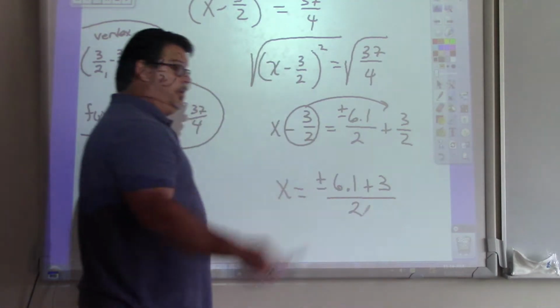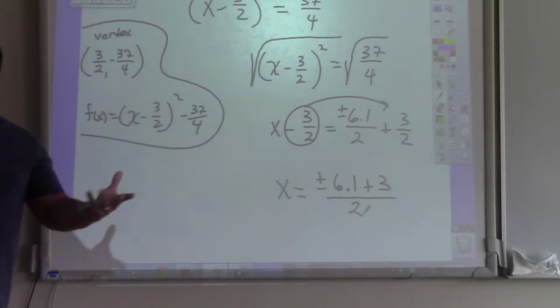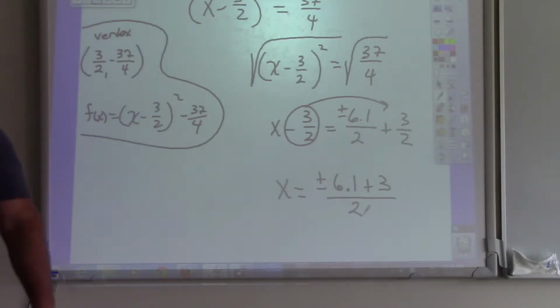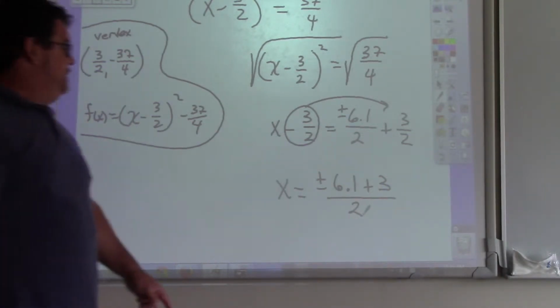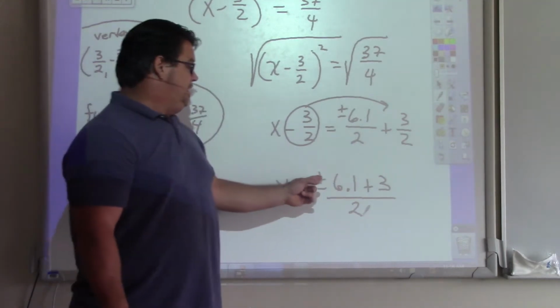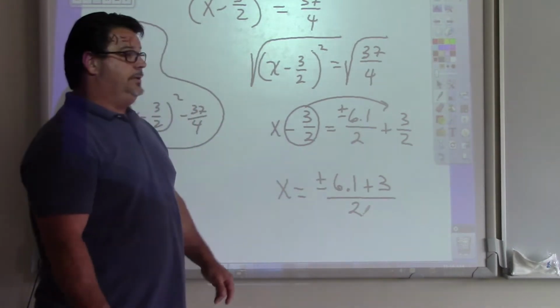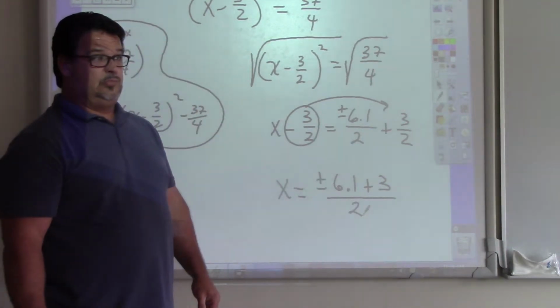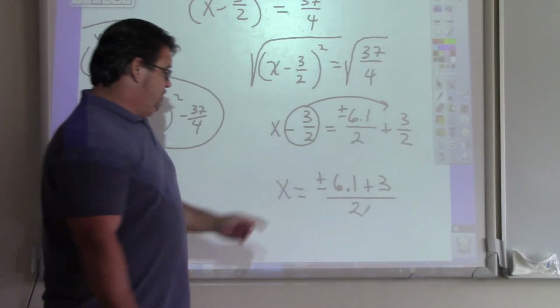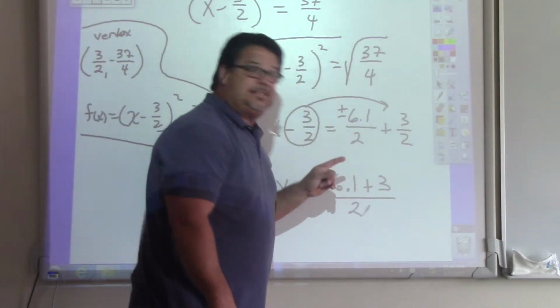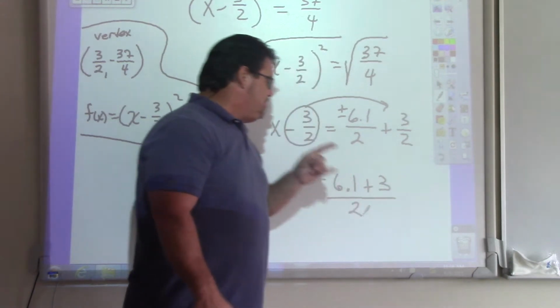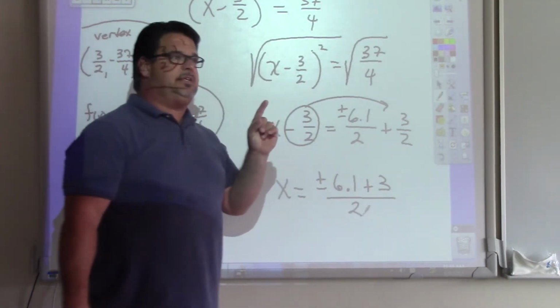So now we just use our real math. See, she done got math left. Look at her. All right. 6.10 plus 3 is what? Okay, let's do that again. 6.10 plus 3 is 9.10.